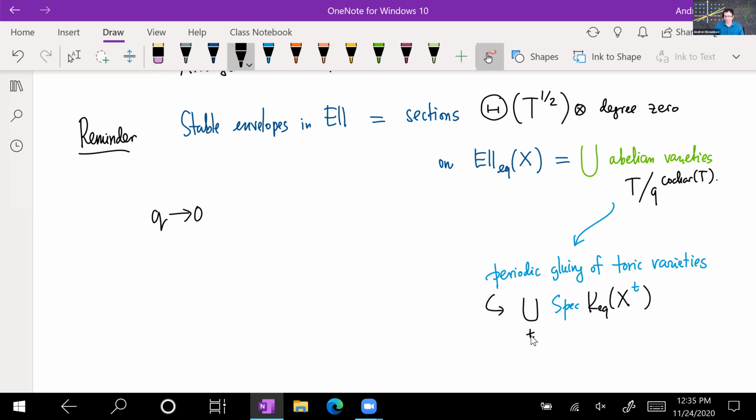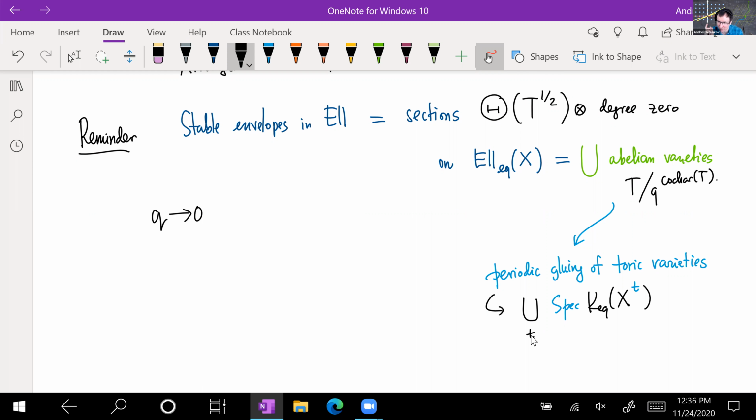You have all possible fixed points of all possible elements in your torus. Then you get not just K-theory of X, but also K-theory of all fixed loci.